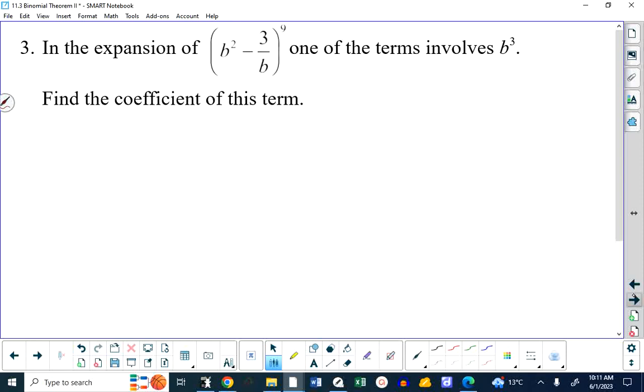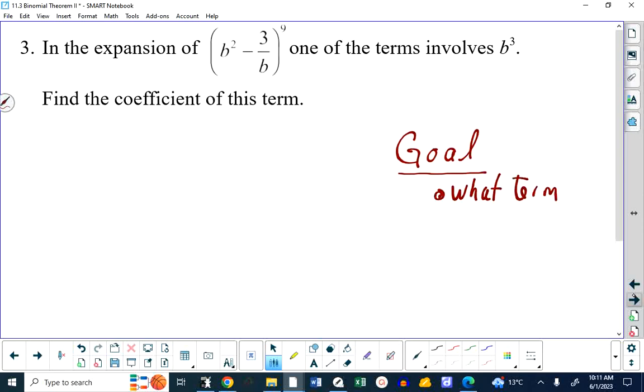So what your goal here is, over the years I've figured that this is maybe the easiest approach. There are more algebraic approaches and some of you might be interested in them, but I'm not going to do it right now. Your goal is, what term do we want?